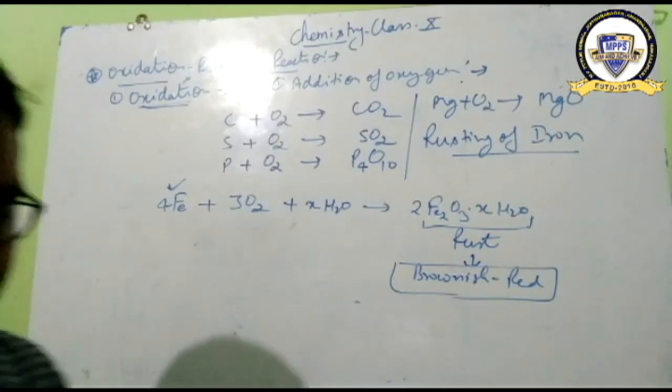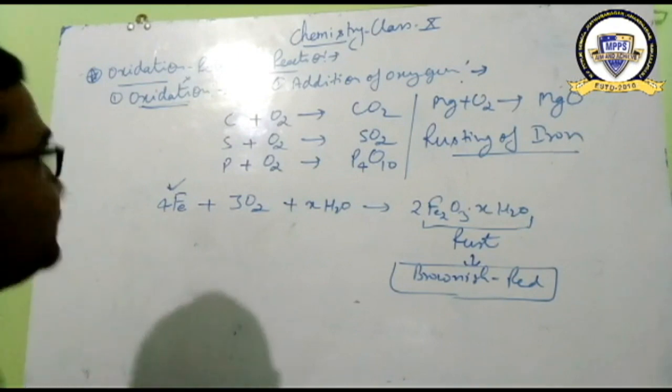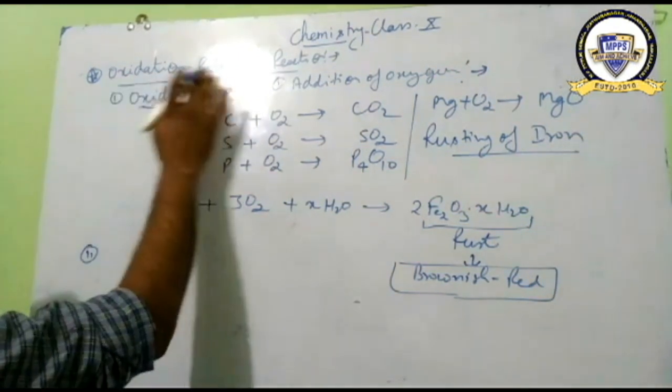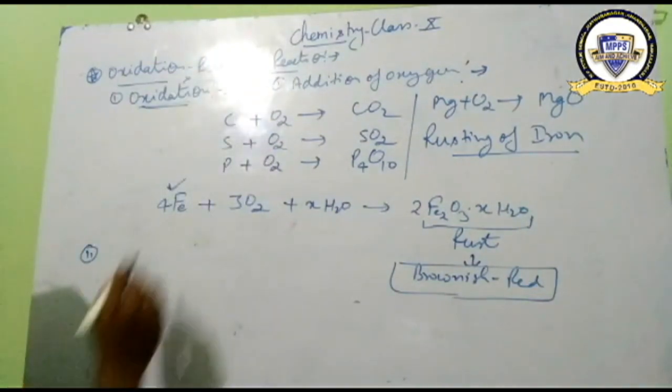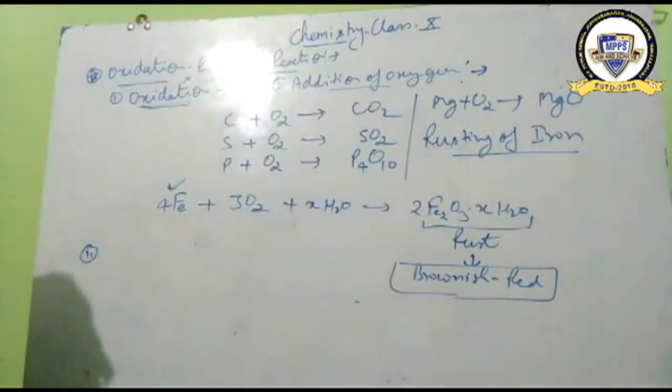So here we are able to see the oxidation reaction, and in this way we saw the two special types of chemical reaction, the exothermic reaction and the endothermic reaction. Now the second category in this oxidation reduction reaction: first we saw the addition of oxygen in oxidation reaction.